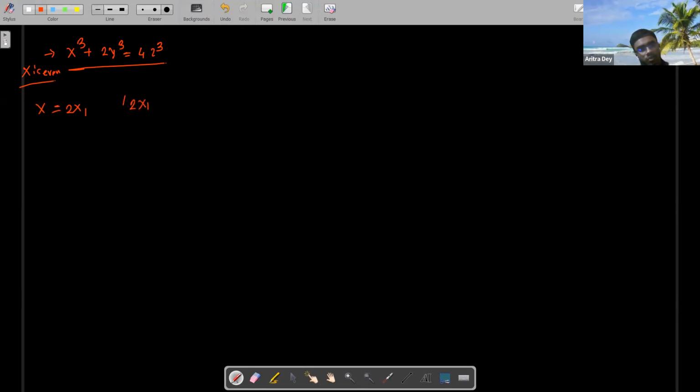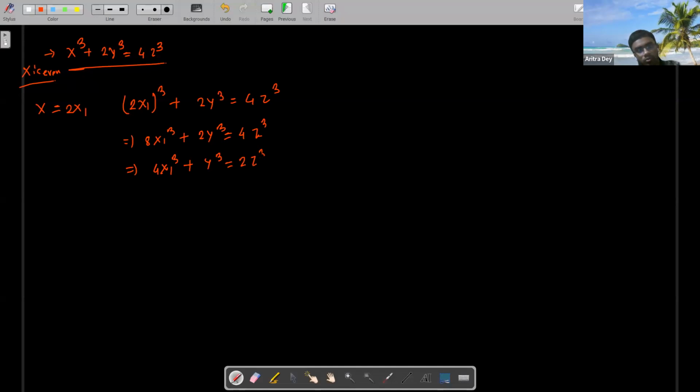If I put (2x1) cube here, and this is 2y cube equal to 4z cube, that means it is 8x1 cube plus 2y cube equal to 4z cube. I divide it again, so it is 4x1 cube plus y cube equal to 2z cube. And again, if you proceed this way, you realize that y should be even.